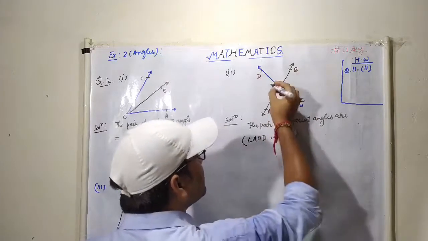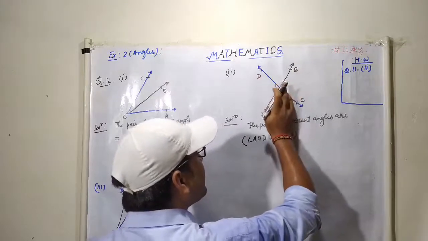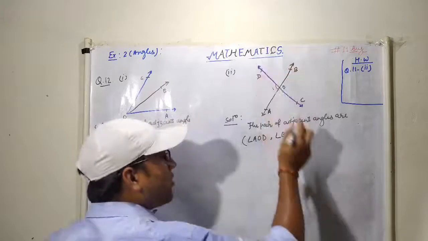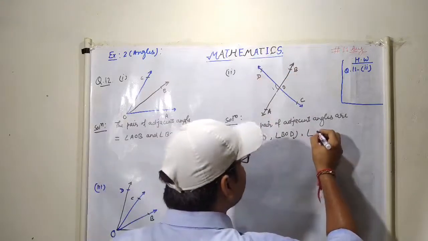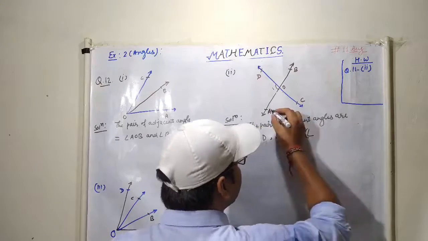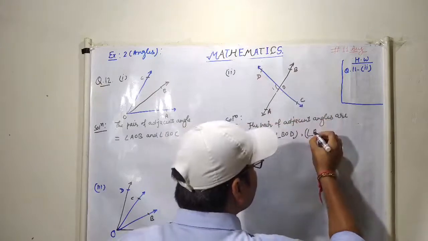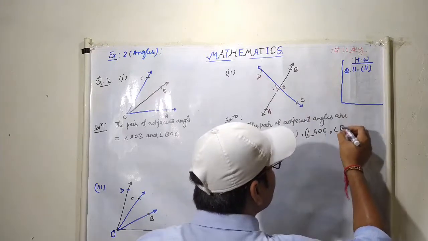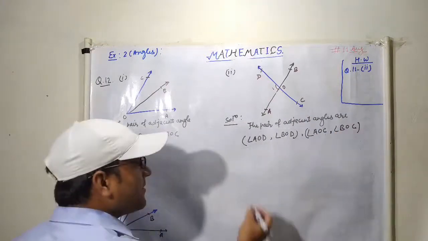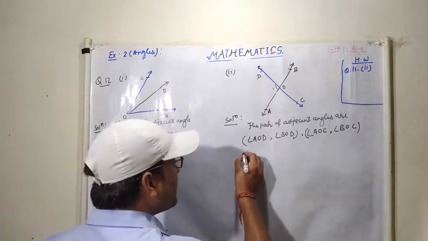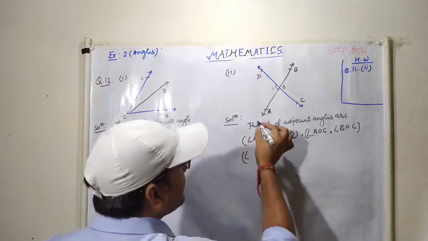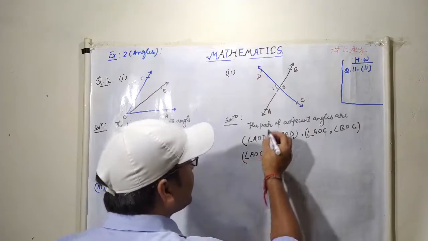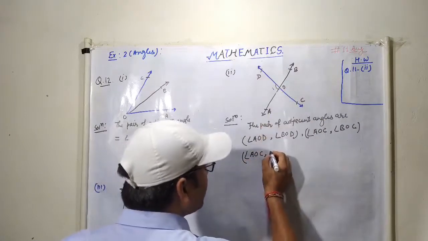This is your first pair, angle AOD and angle BOD. OD is common. Now the second pair is angle AOC and angle BOC. This is your second pair. Now the third pair is angle AOC and angle AOD.